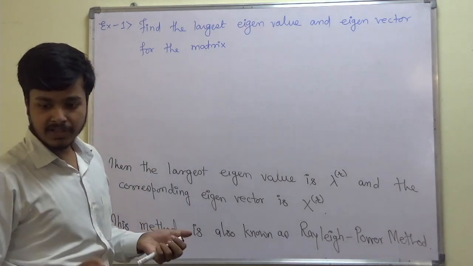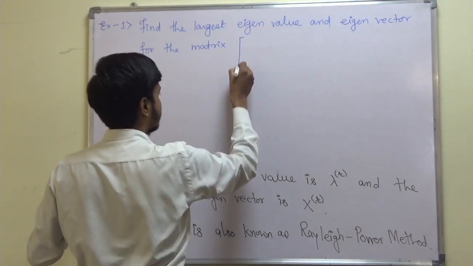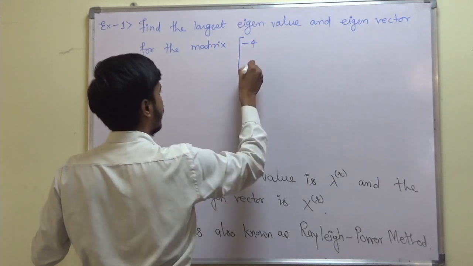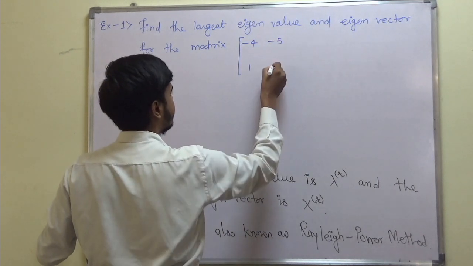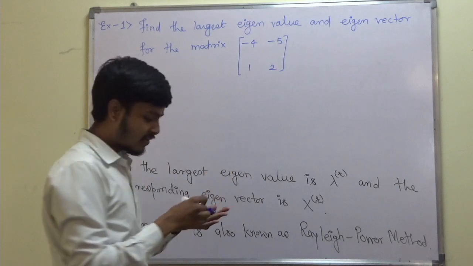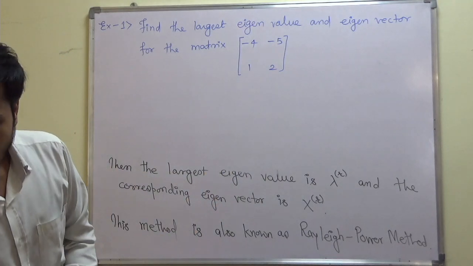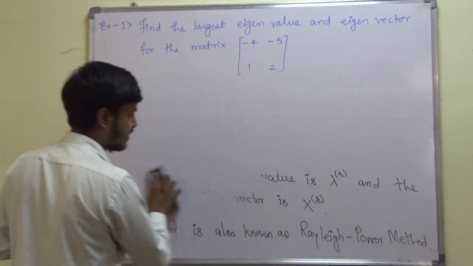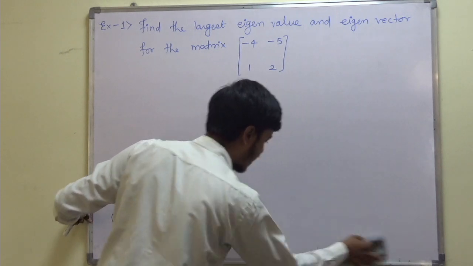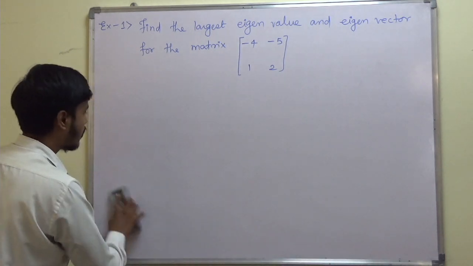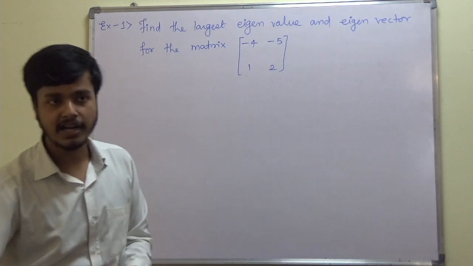We have the matrix as [-4, 1; -5, 2]. So we have this matrix, and let us solve the problem for it. We have to find the largest eigenvalue and the corresponding eigenvector for the largest eigenvalue.